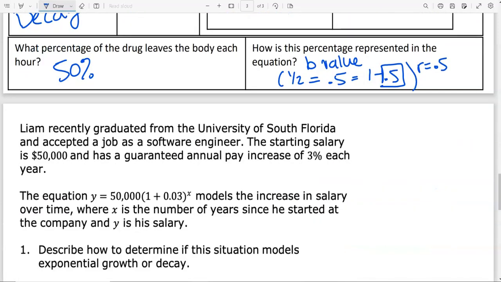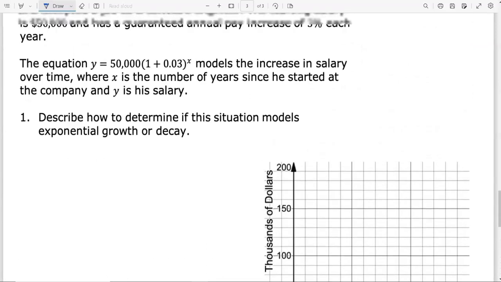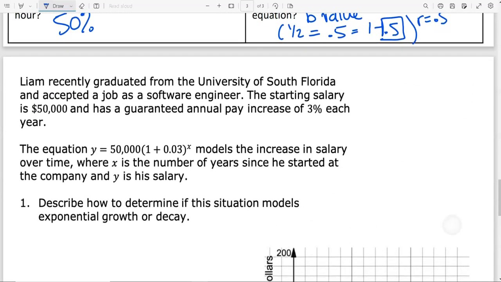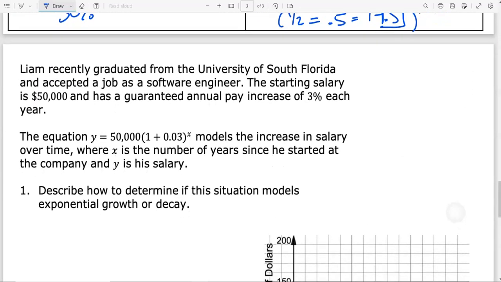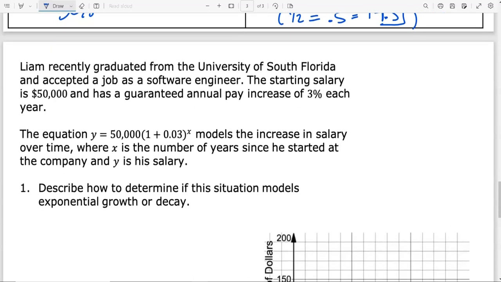For the rest of today, you have a second worksheet. It is all one lovely problem. You're going to work on this together. Liam recently graduated from the University of South Florida and accepted a job as a software engineer. The starting salary is $50,000. Again, real life stuff.